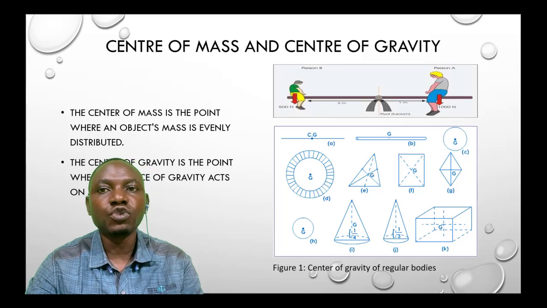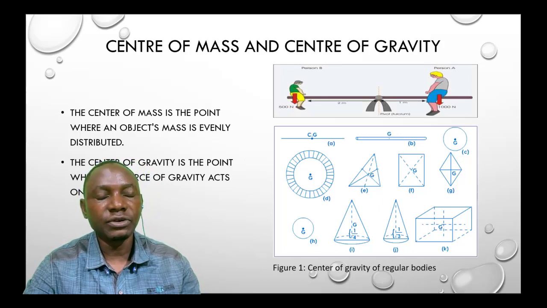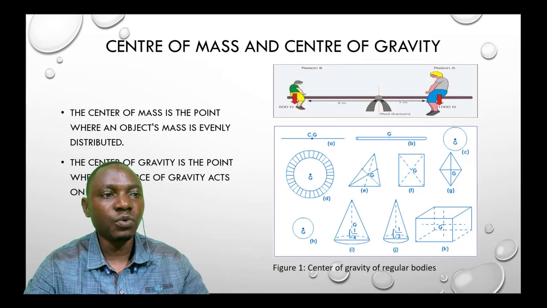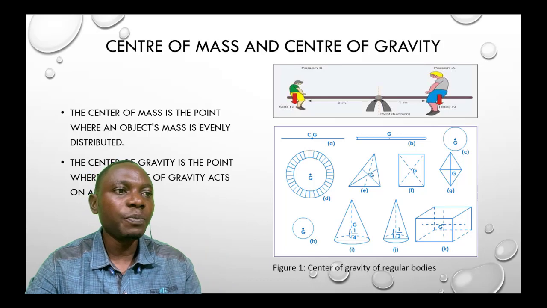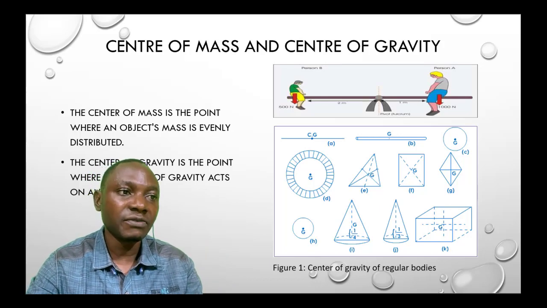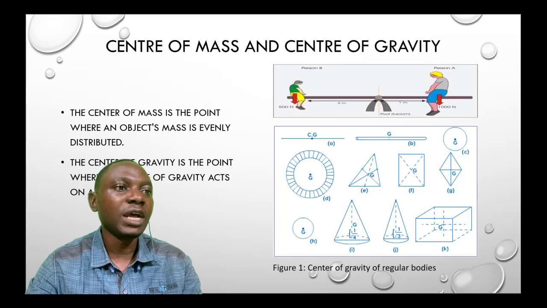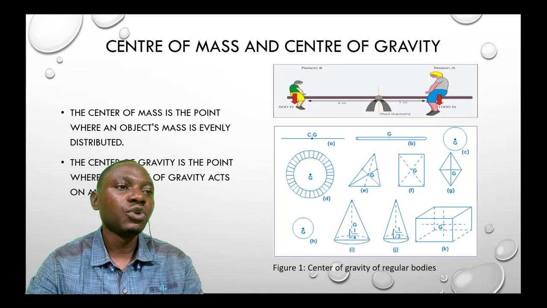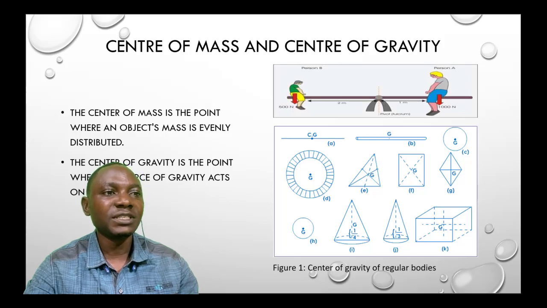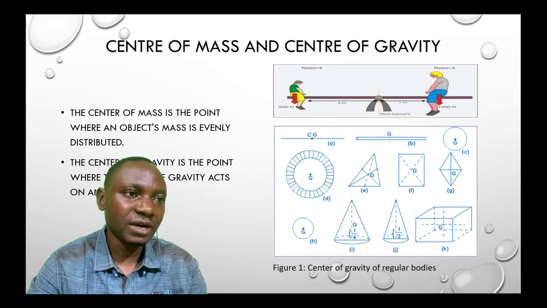When you take a pencil and put it on a table, standing upright, not lying on its side, once you remove your hand, the pencil will fall. The point where it falls to is where the center of gravity is acting. That is what the center of gravity is, because the force of gravity pulls the pencil towards that point.